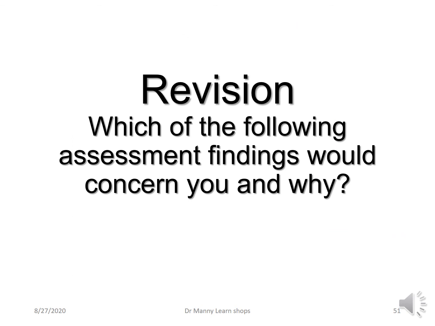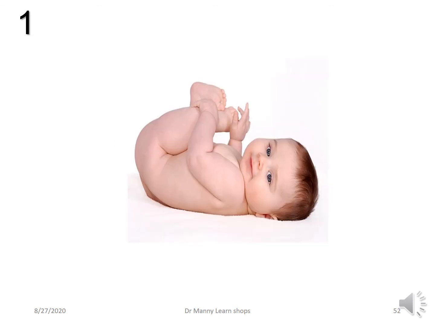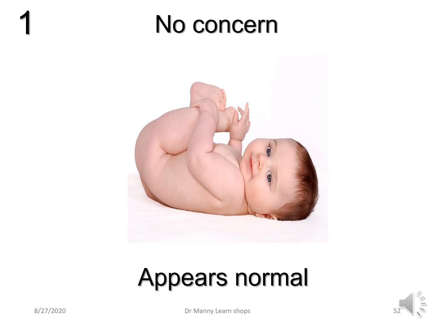So now let's revise. Which of the following assessments would concern you and why? Most of this you're going to be using inspection. Okay, here's our little infant. Any concerns? I don't think so. Kid appears to be quite normal.